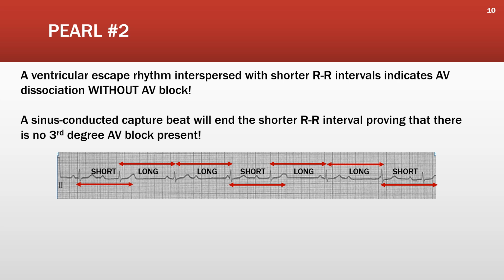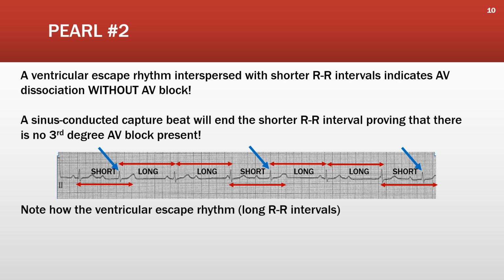There could not be a third degree AV block present because these impulses are reaching the ventricles from the atria. Thus, there is no AV block. These arrows indicate the QRS complexes that are the result of a sinus conduction.